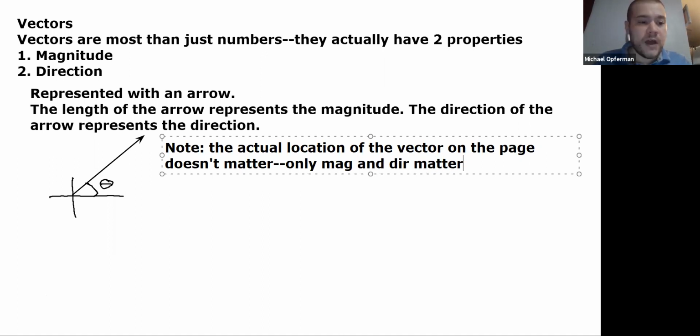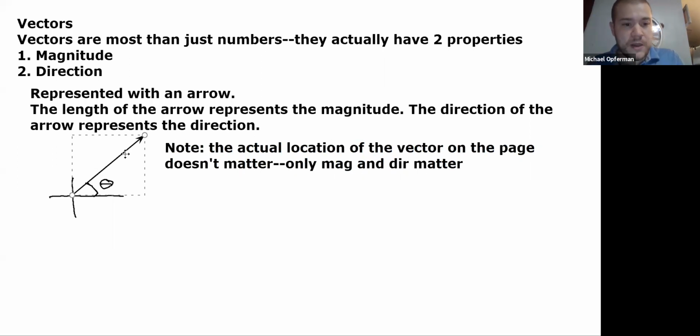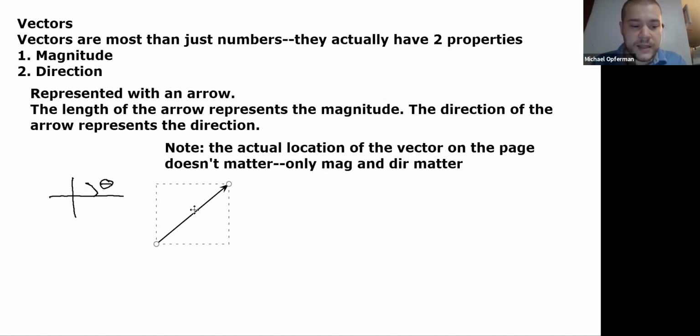So for instance, if I take this vector and move it to another location on the paper, you'll notice it still has the same magnitude, because the magnitude is the length of the vector, and it still has the same direction. If I draw this coordinate system, the angle here is the same as it was before. So moving a vector around spatially doesn't change its properties.